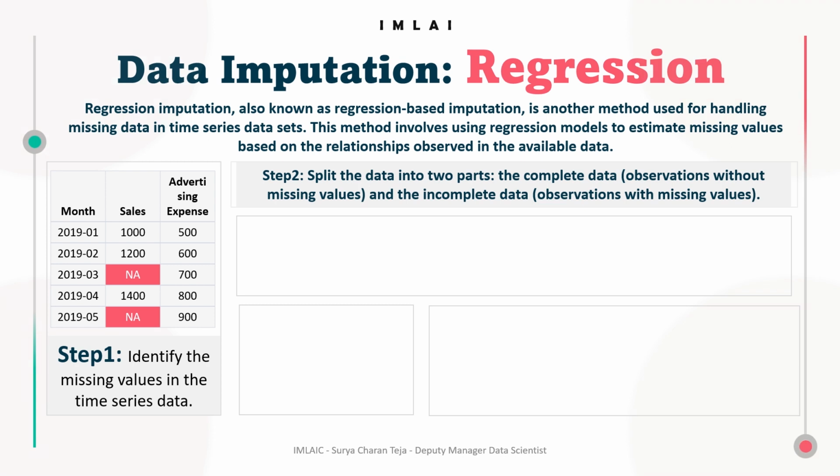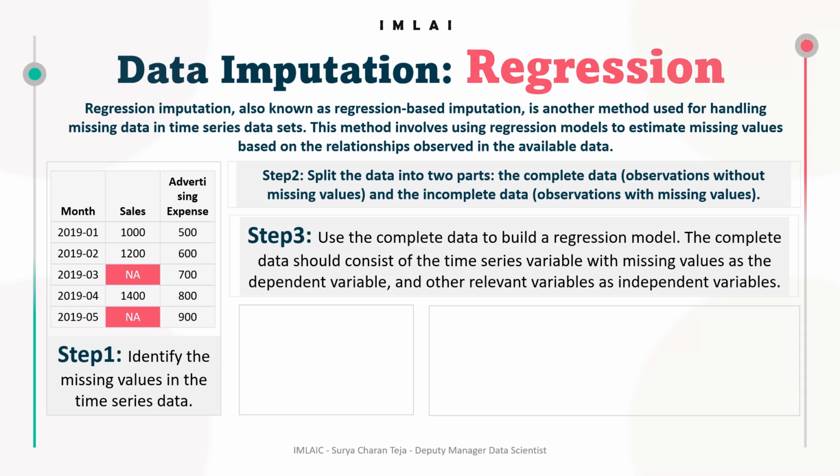Step three, use the complete data to build a regression model. The complete data should consist of the time series variable with missing values as the dependent variable and the other relevant variables as independent variables. Whichever is missing, that one should be your dependent variable.